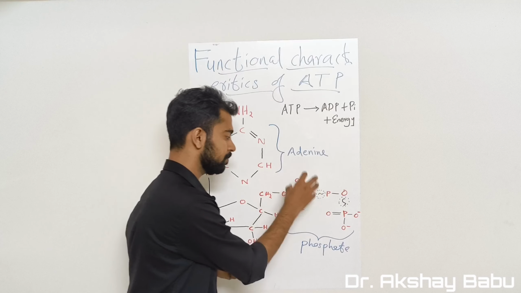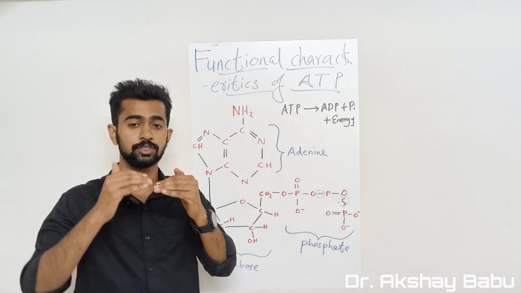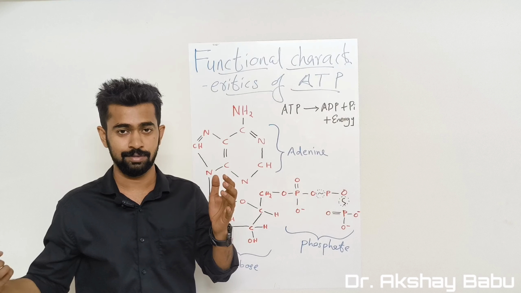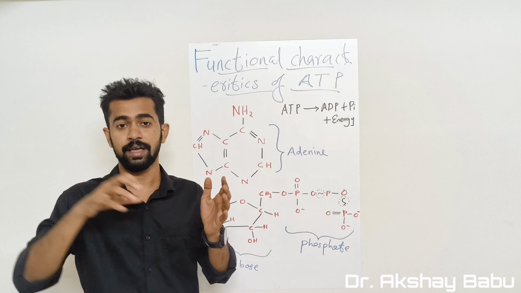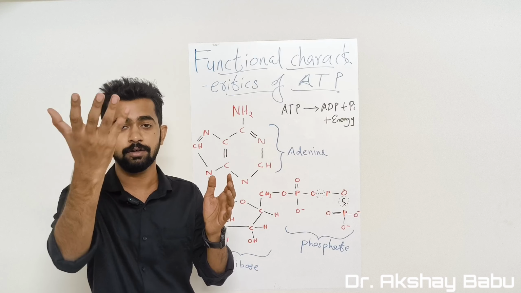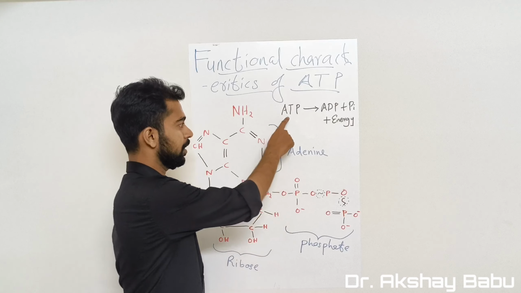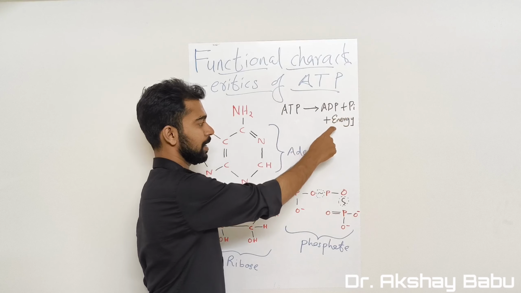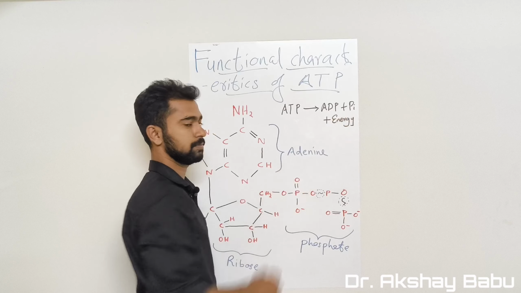Being highly unstable, it can be split very easily, thereby producing ADP plus inorganic phosphate and liberating energy. You can see ATP is being converted to ADP plus inorganic phosphate, thereby releasing energy.